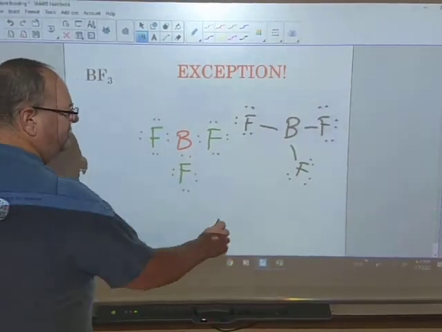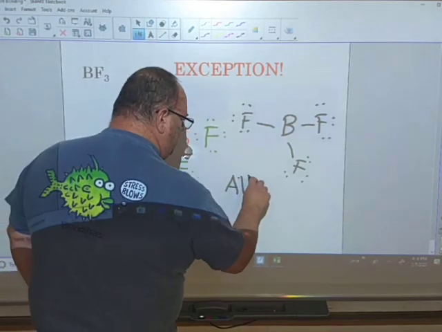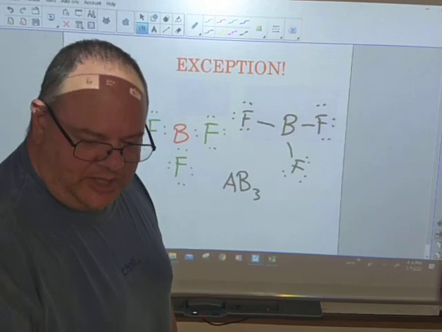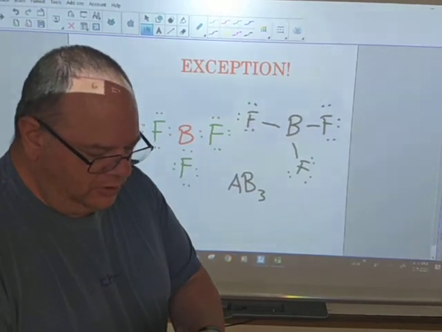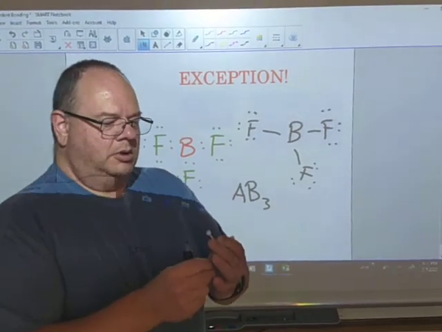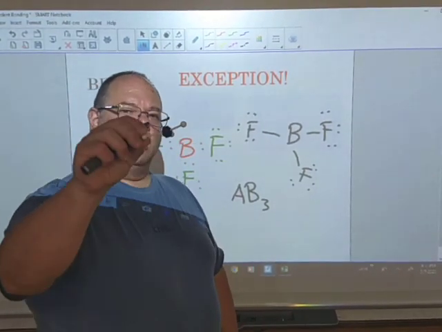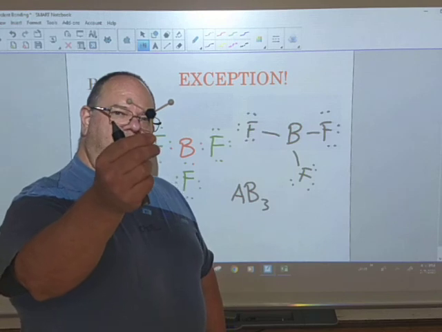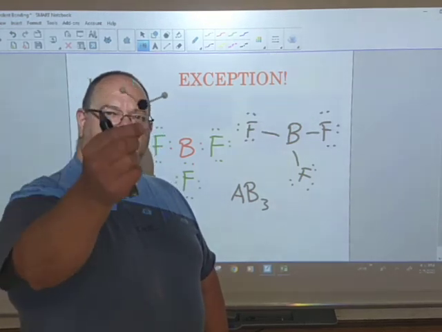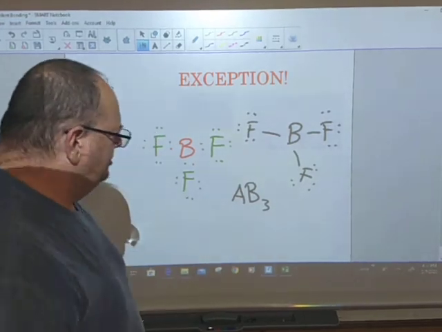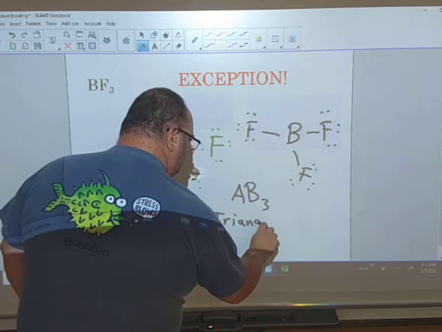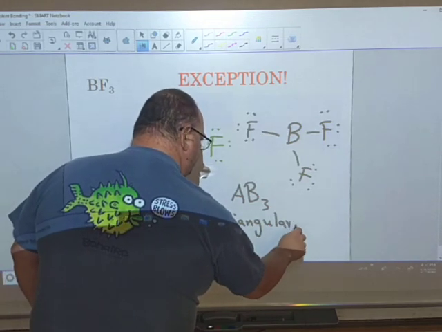Oh, this is AB3. 3 groups of electrons trying to get as far apart from each other as possible. Got to put my model back together quick. Okay, there's 3. You see that it's a triangular shape, but now they're all in the same plane, right? So this is triangular planar.